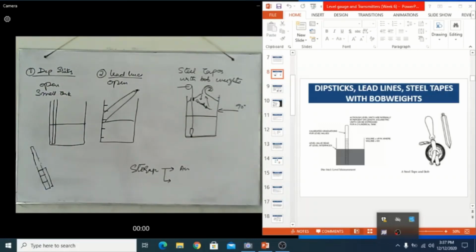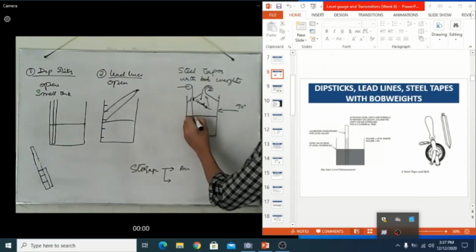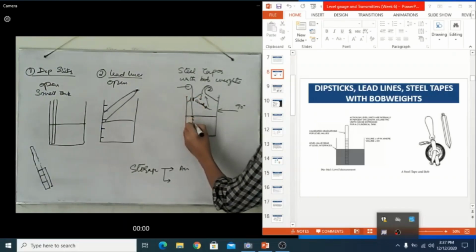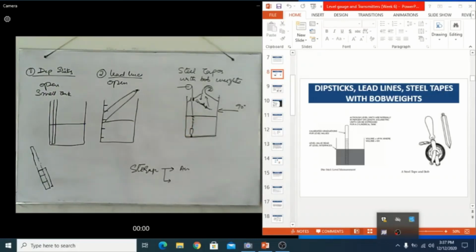The method is quite simple. You lower the bob weight to the bottom, then re-roll it and note down the reading when it moves upward. This tape will be calibrated with a certain unit of length, and you can easily assess that much height is present in this storage tank.